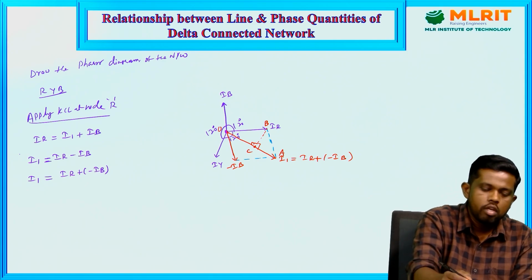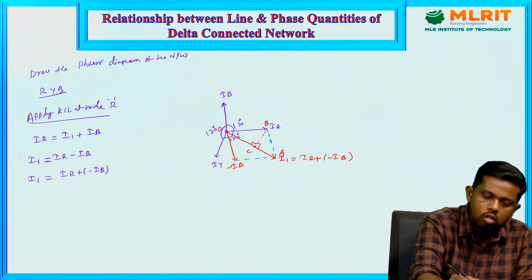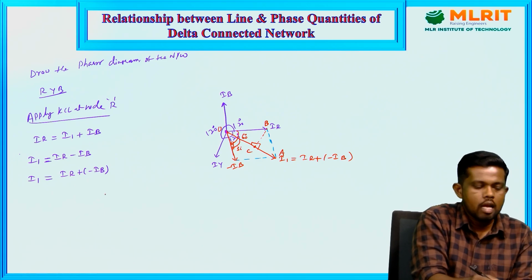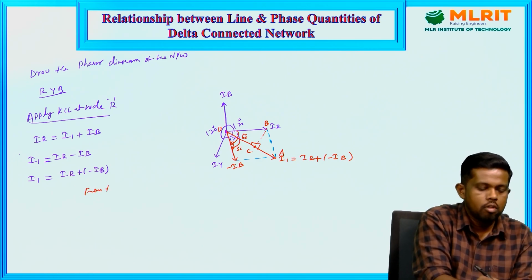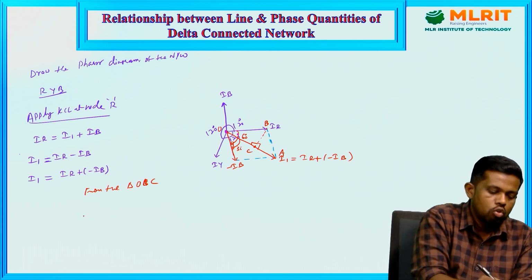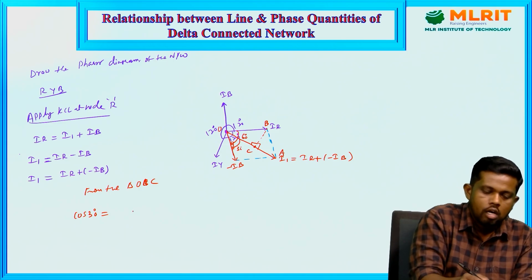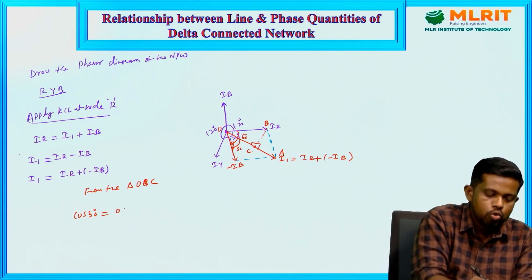This angle is 60 degrees and this angle is 30 degrees. From triangle OBC, we find cos 30, which equals adjacent upon hypotenuse, that is OC upon OB.